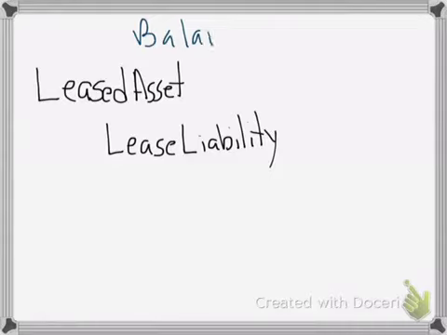And so the journal entry that we would make when we actually had one of these capital leases is the leased asset would be added to our balance sheet as an asset, and we would have our lease liability on there as a liability.